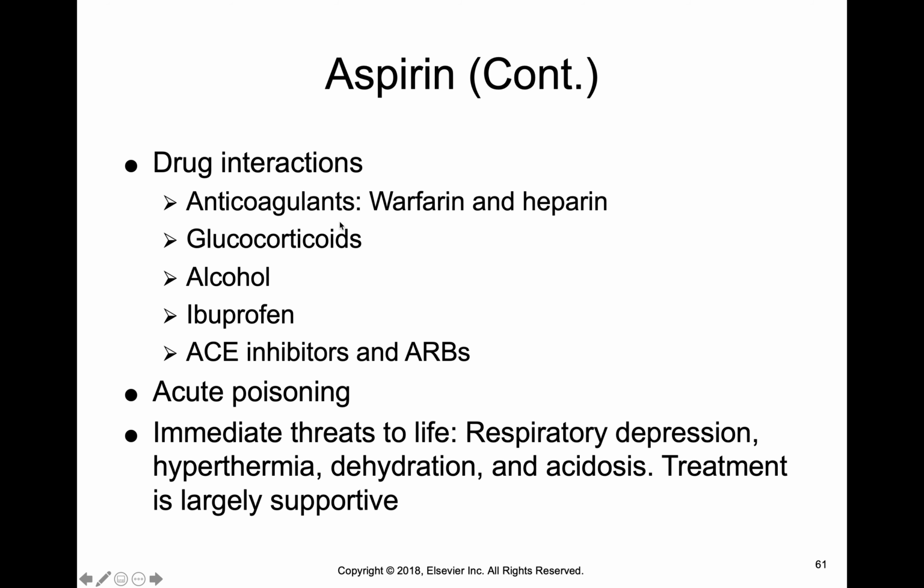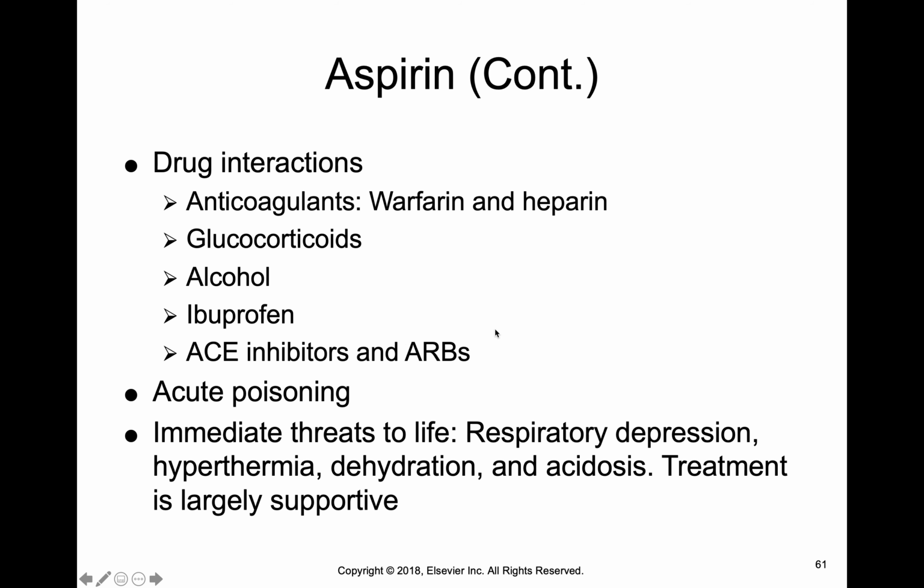Drug interactions, again, just think it's an antiplatelet, so anything that increases risk of bleeding, or risk of ulcerations, is going to be an interaction. So anticoagulants, glucocorticoids, because they can cause gastric ulcers. Alcohol can thin your blood. Ibuprofen is going to work similarly.